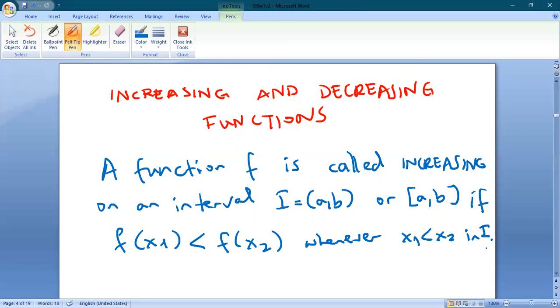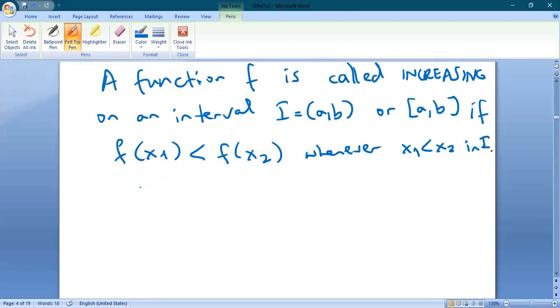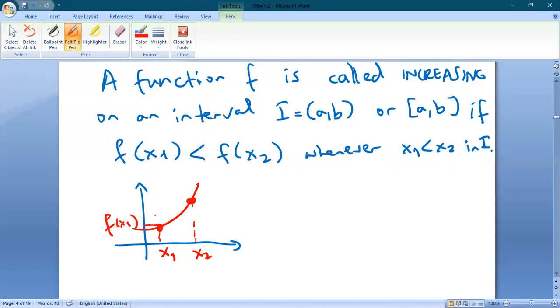In the interval I. Okay, so by this we are actually talking about something like this. Let's say we have some function like this. Let's say this is x1 and this is x2. Then when you look at the values, x1 is smaller than x2, and f of x1 is less than f of x2, right?